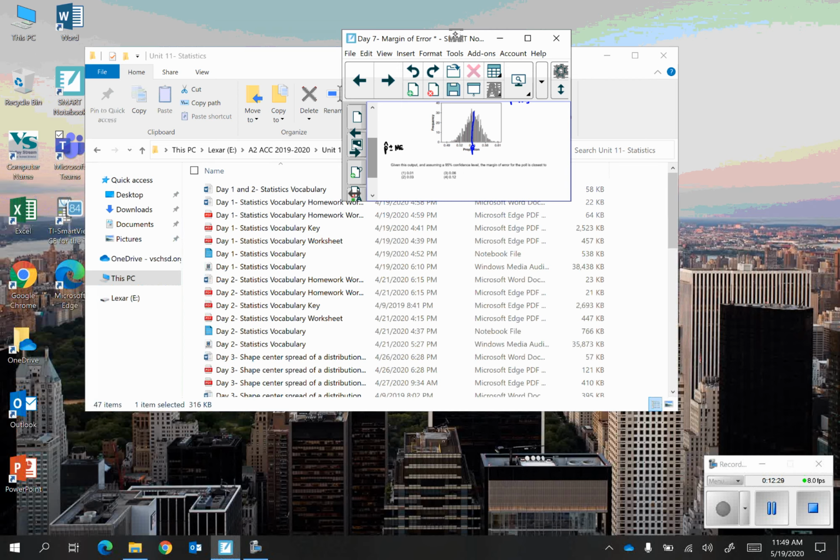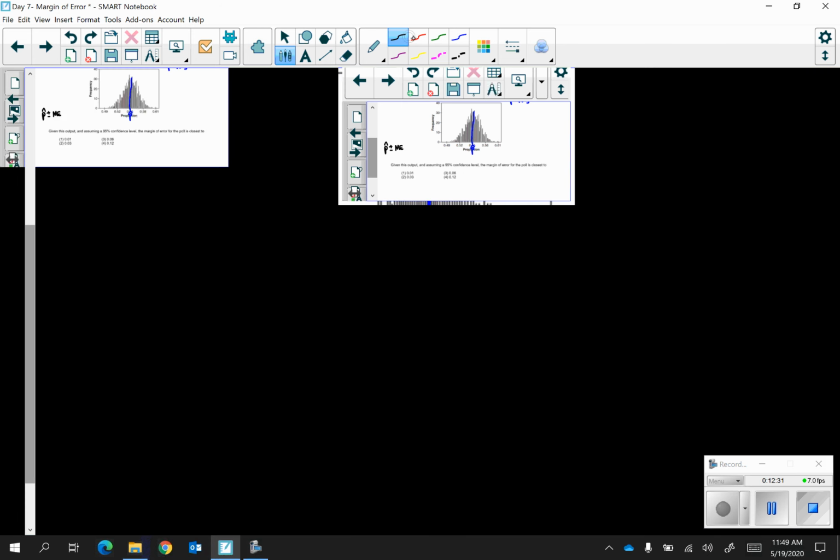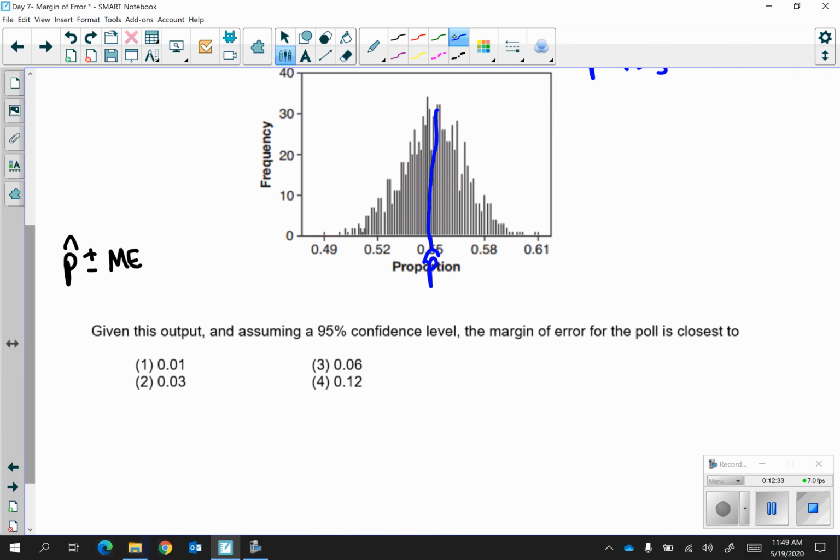So I'm going to go one by one. I have 0.55 plus or minus option 1, which is 0.01. If I do that, that's going to get me to 0.54 to 0.56. Now I'm going to go and look at the graph. And I'm going to go from 0.54 to 0.56.